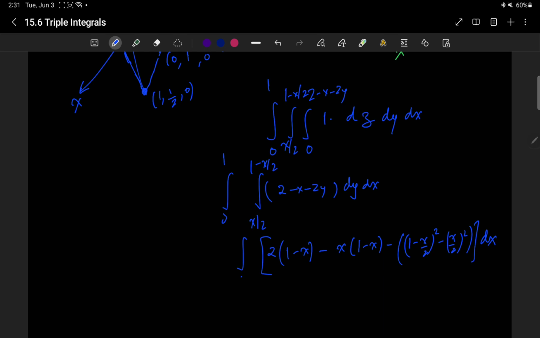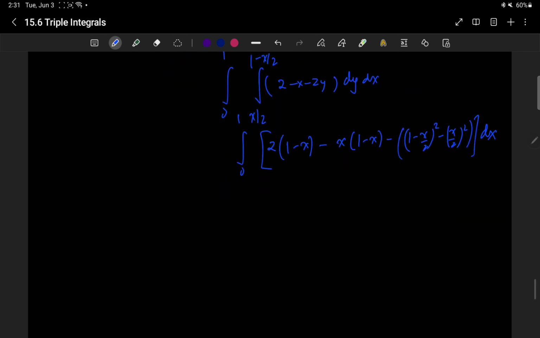So let's try to resolve all of this algebra first. This is going to be 2 minus x times 1 minus x, let's FOIL it out. So 2 minus 2x minus x plus x squared, minus, what is this going to give me? This is 1 plus x squared over 4 minus x squared over 4, so 1 minus x.